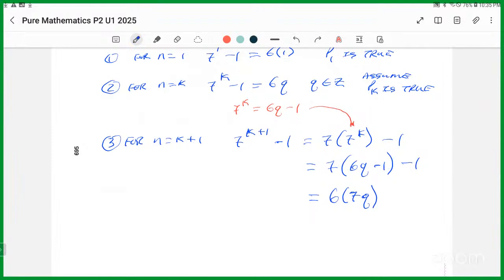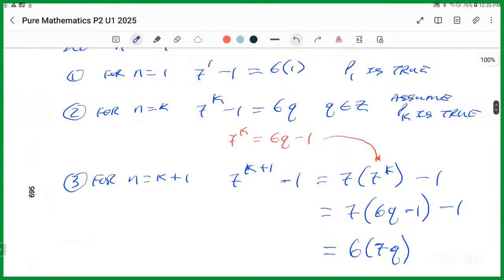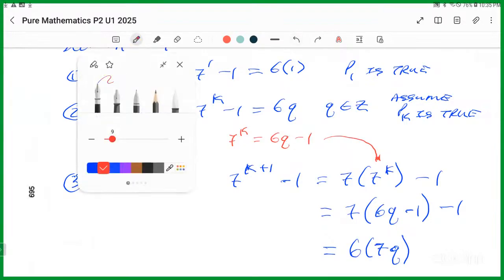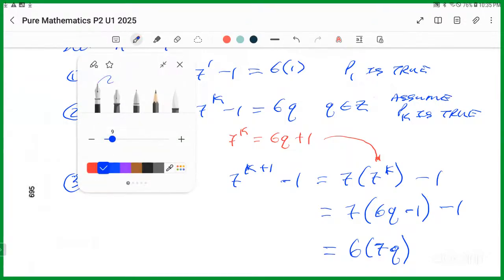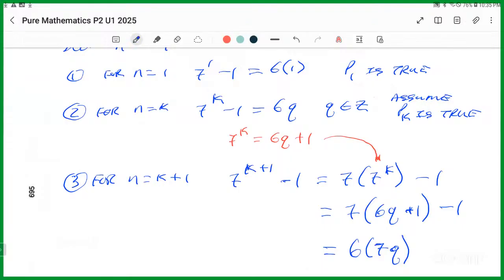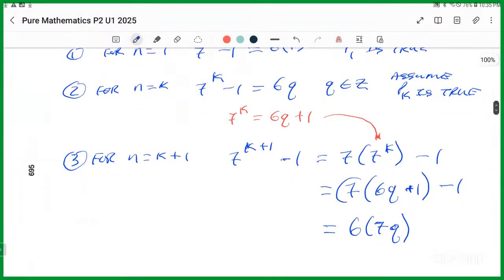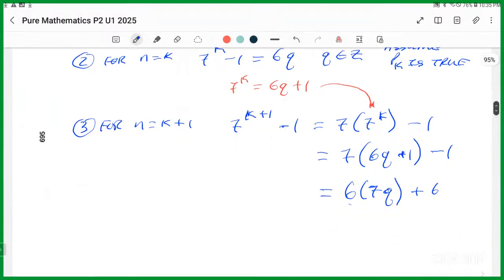No, it's supposed to be a plus, a mistake. It's supposed to be a plus. So that's a plus, that's a plus, that's a plus. So 7 times 1 is 7, 7 minus 1 is 6, that's a plus 6. You see, we're multiplying factor of 6 into 7q plus 1. Because q is an integer, this is an integer.